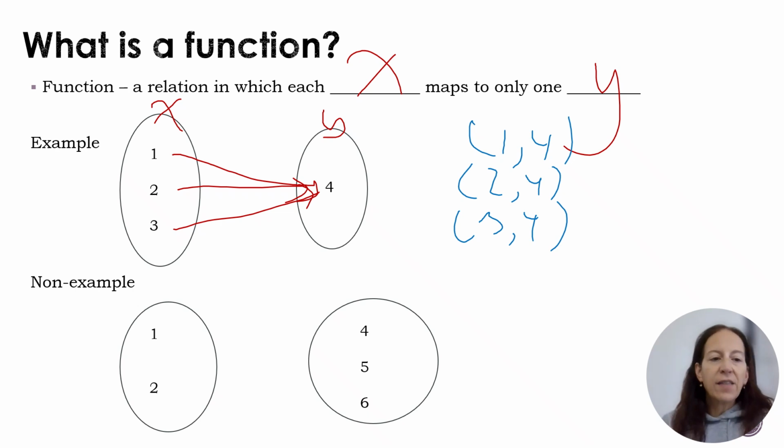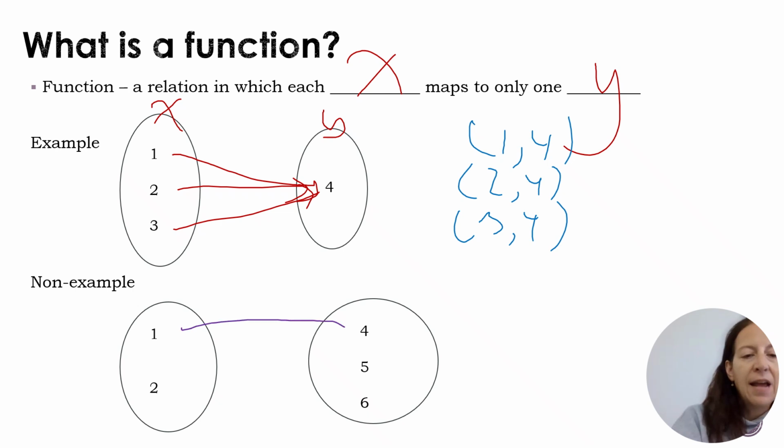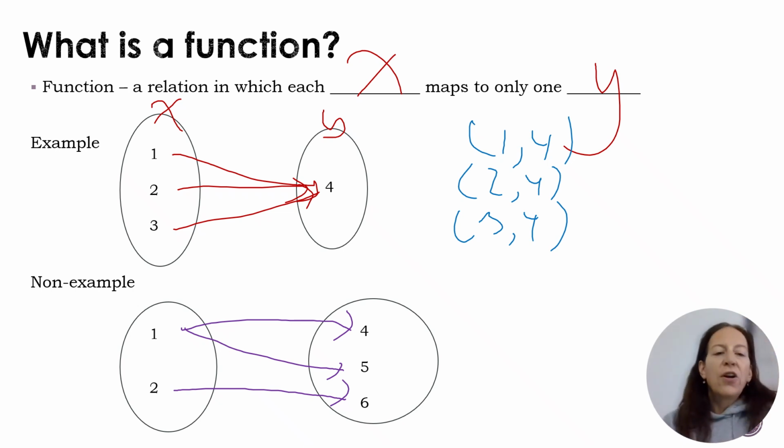Now, in this case, in the non-example, we have a 1 and a 2 in there for our x's, and I might map the 1 to the 4 and the 1 to the 5 and the 2 to the 6. Okay, and this one is not a function because you have an x value, that would be the 1, that maps to 2 different values.